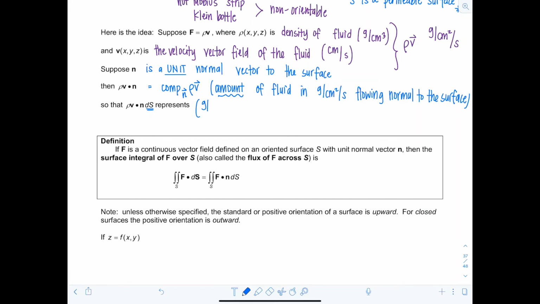It would be grams per centimeter squared per second. dS is two dimensional, so that would be in centimeters squared. So I would end up with some quantity that's being measured in grams per second. So this is a rate, grams per second, the rate of flow of the fluid through the surface, which is called flux.